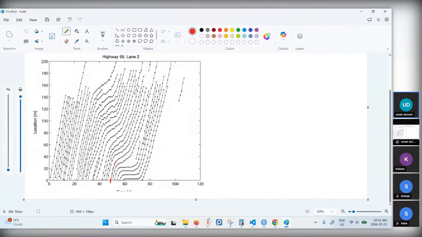And so if it were to continue and it did not change lane, it will continue like this. So the question is, what is the travel time increase?